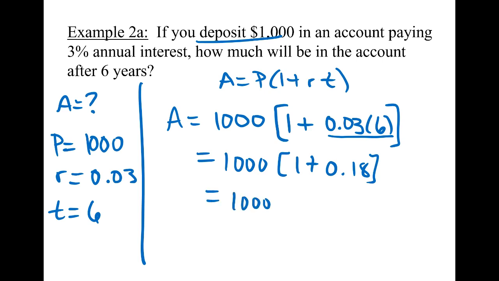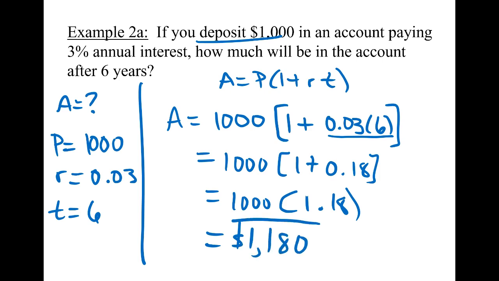Then we add 1 to get 1.18. And then we multiply by 1,000. That gives us a final answer of $1,180. And we notice that's a reasonable amount. Starting with $1,000, if we're earning interest on that amount at 3%, then after 6 years we definitely should have more than the 1,000, and 1,180 is a reasonable answer.